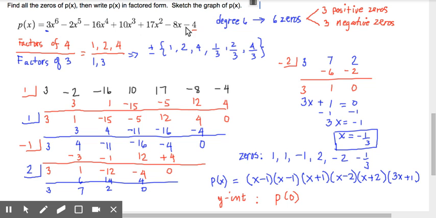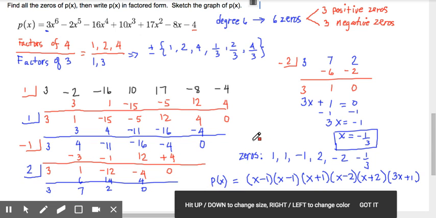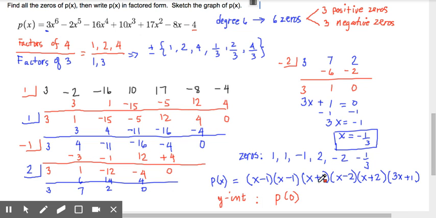So 0 minus 4 is negative 4. That's our y-intercept. So we're going to put here y-intercept, or p of 0, p of 0 is equal to negative 4.